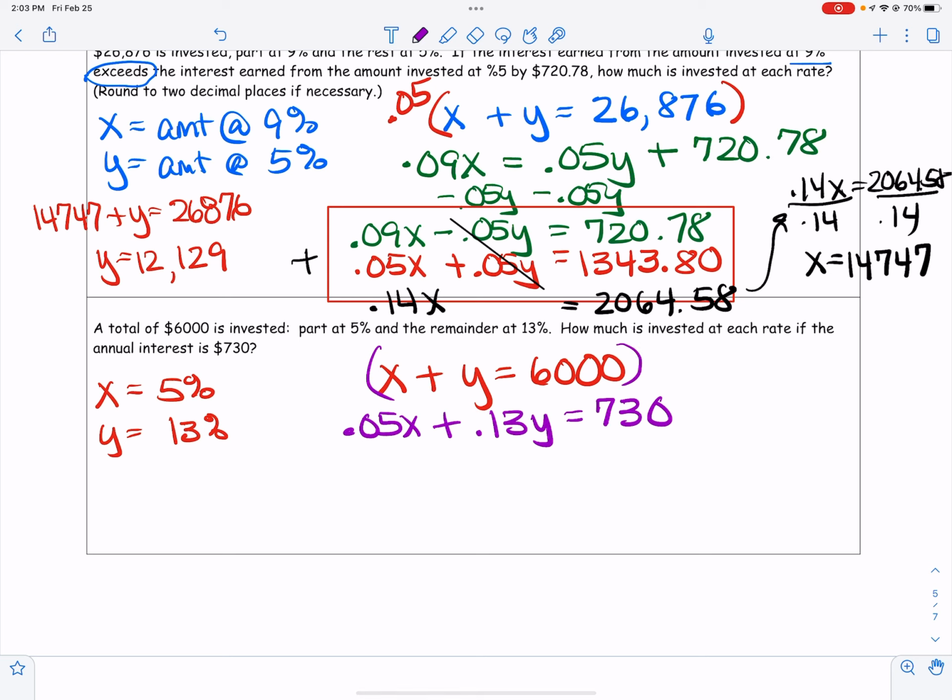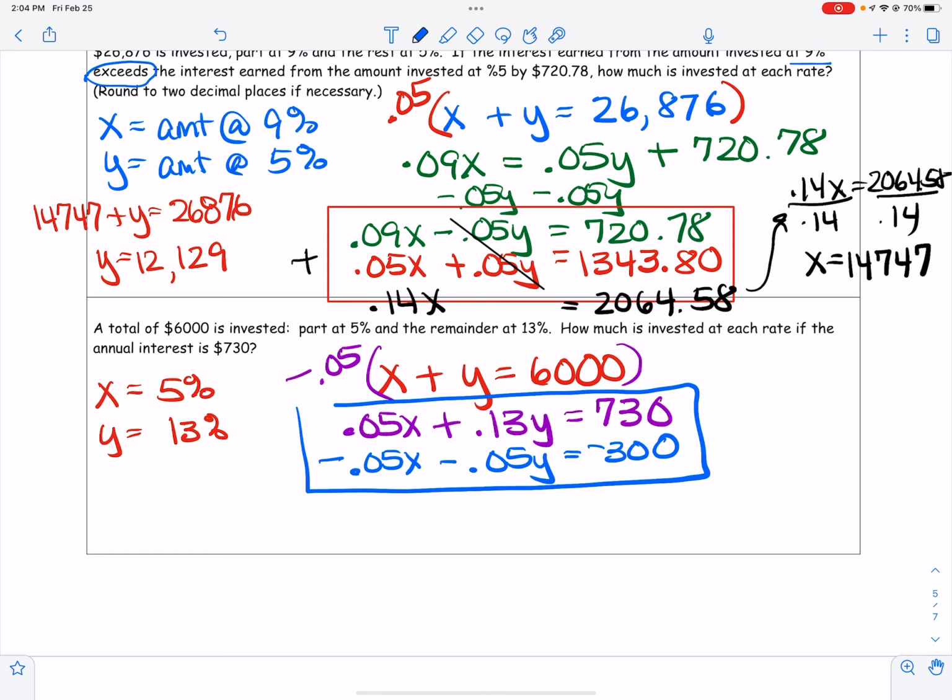So I'm going to multiply by negative 0.05. And so that gives me negative 0.05x minus 0.05y is equal to negative 300. So I'm going to add up these two equations.